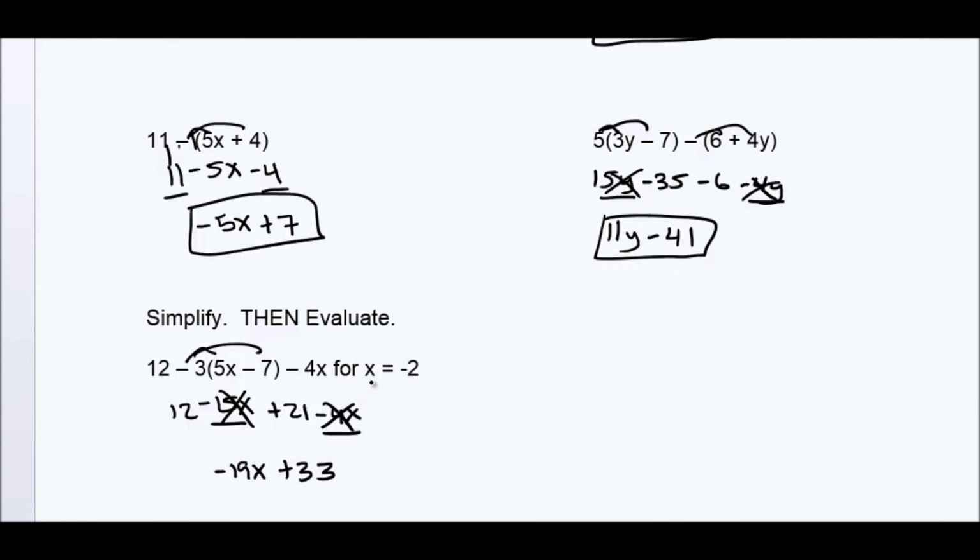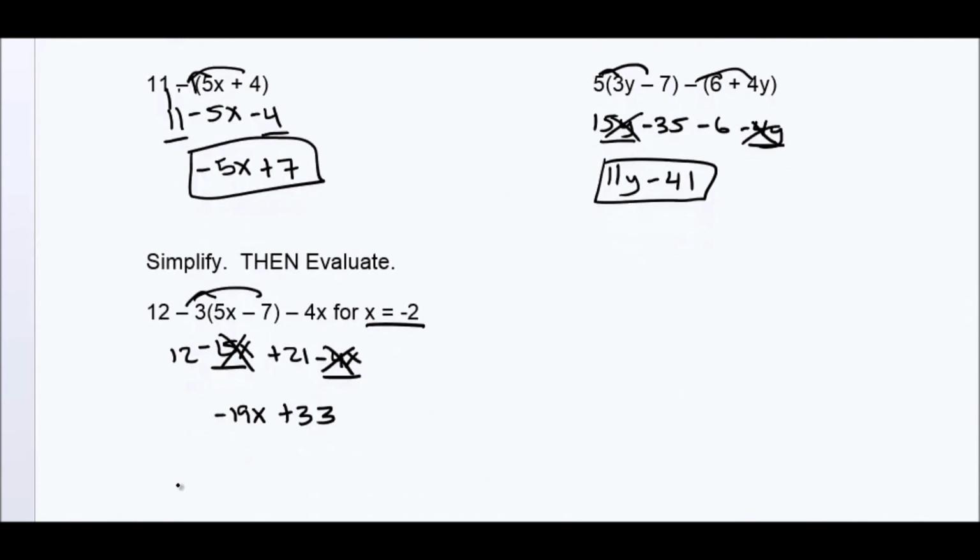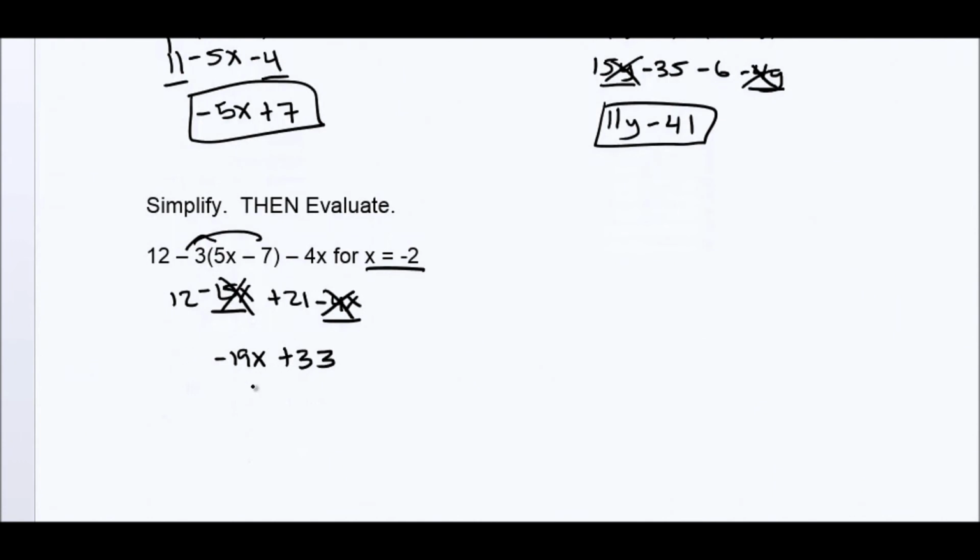No. I actually know what x is. It tells me. It says x equals negative 2. Now I could evaluate this for x equals negative 2. So I have negative 19 times negative 2 plus 33. A negative times a negative is a positive.